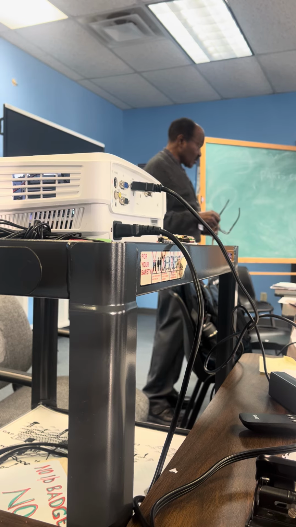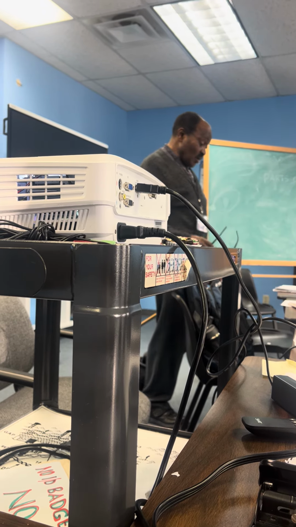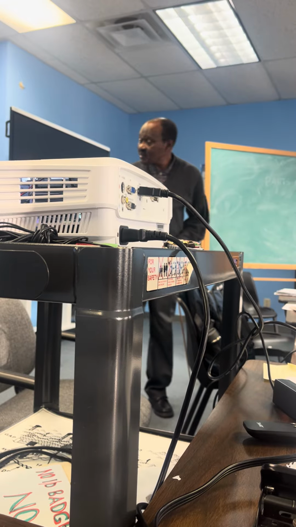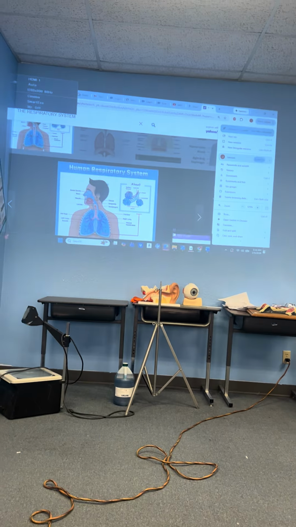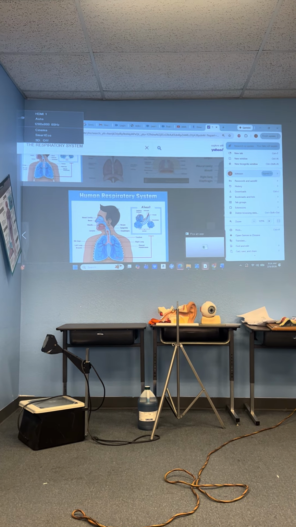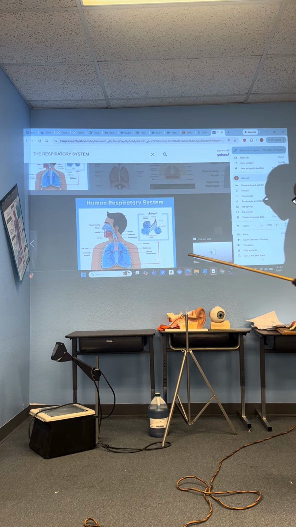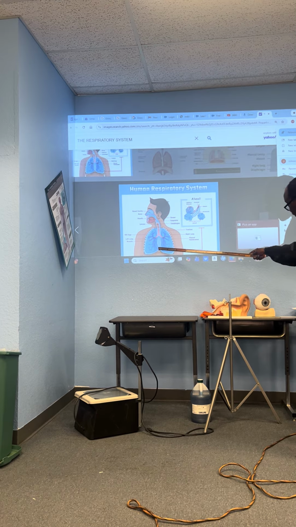That's biology one. So you have to know which ones are the organs of the respiratory system. Now these organs are in this picture here, because some of them you cannot see internally, but it gives you the picture of where they are in your body. Now this is only the respiratory system.